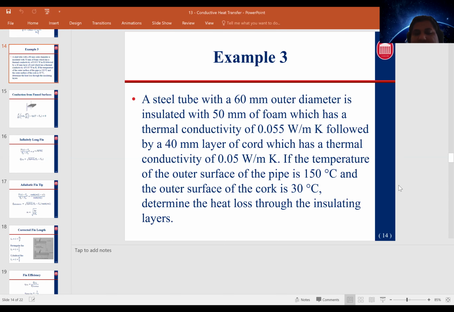If the temperature on the outer surface of this pipe is approximately 150 degrees Celsius, and at the outer surface of the cork is 30 degrees Celsius, we need to determine the heat loss or the heat transfer rate through the insulating layers.